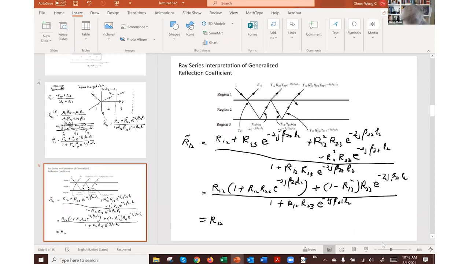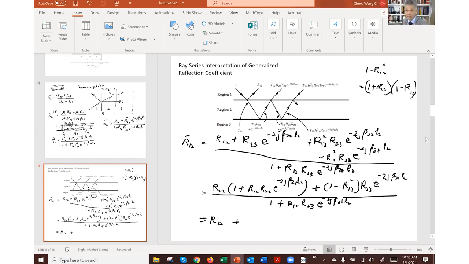And then for the second term, I'm going to use the fact that this can be factorized. 1 minus R12 squared can be written as 1 plus R12 times 1 minus R12.